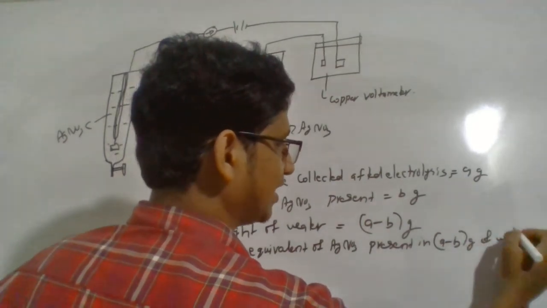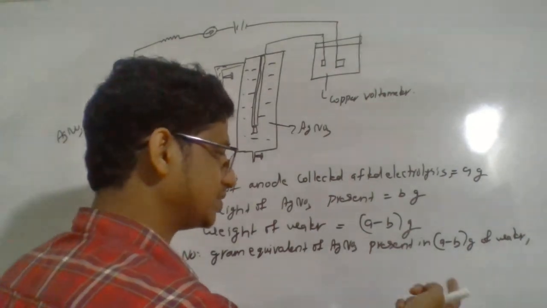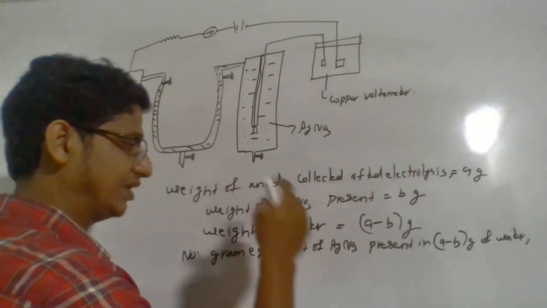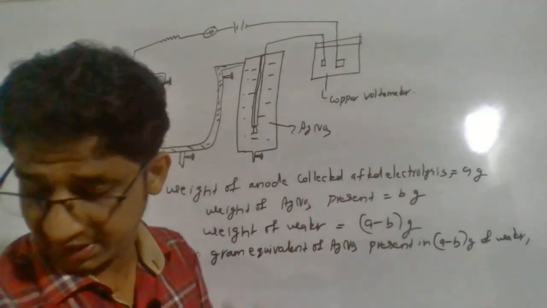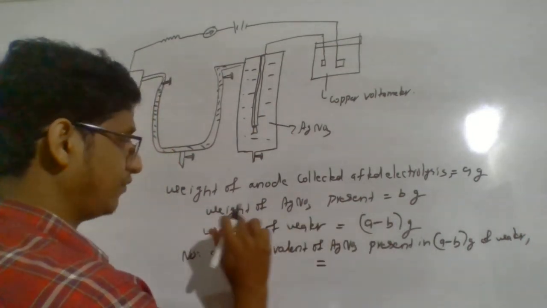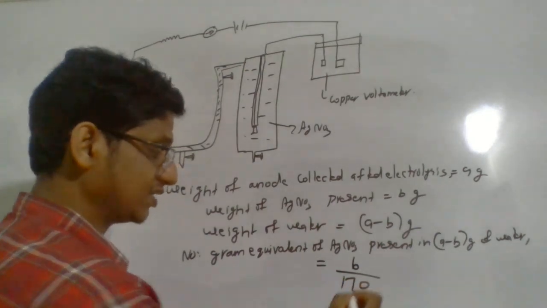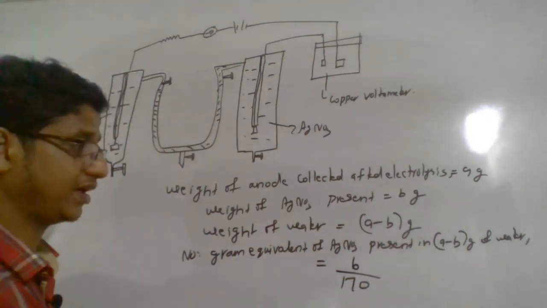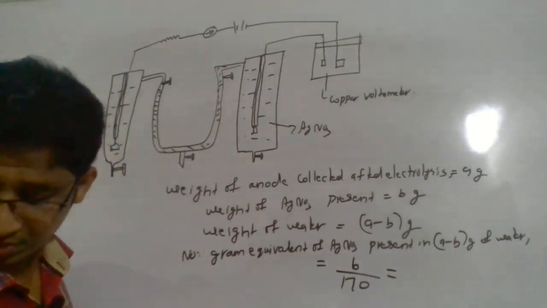Now let it be A minus B gram of water, a specified amount of water. How many gram equivalents of silver nitrate are present in it? How can you calculate that? Always the weight of silver nitrate, that is B, divided by the equivalent mass. 170 is the equivalent mass of silver nitrate. So B by 170 will give you the number of gram equivalents of silver nitrate.